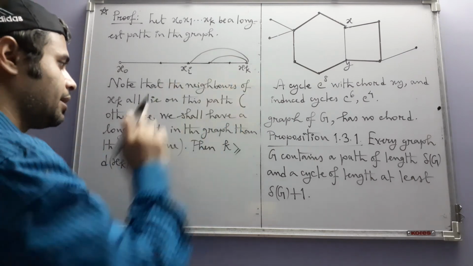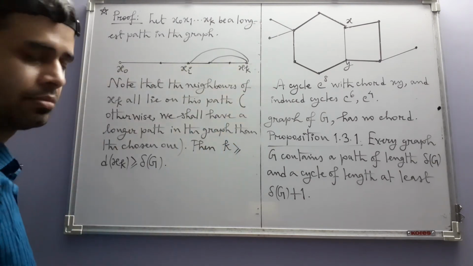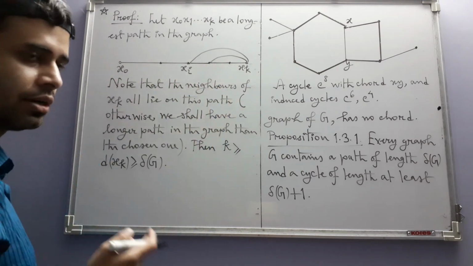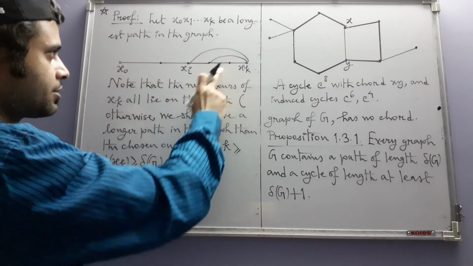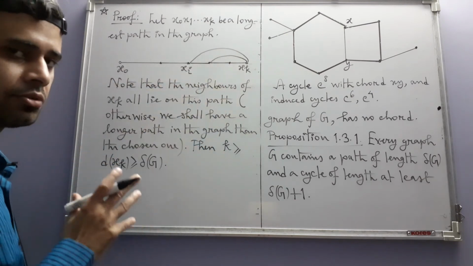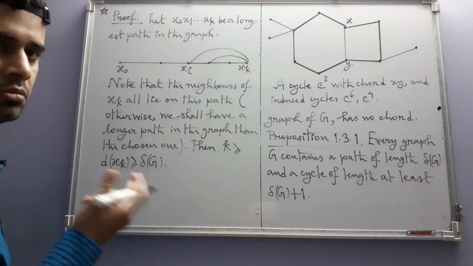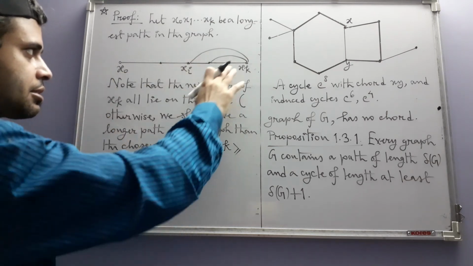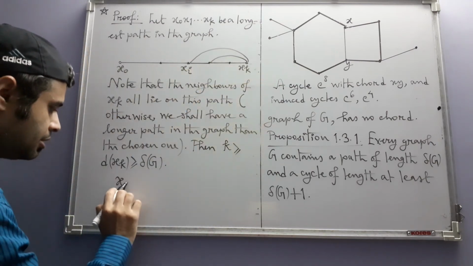You see, we are saying that the neighbors of xk are all lying here. Now, how many points do we have available to us, starting from x0 and ending at xk minus 1? They are available for us to be neighbors of xk.